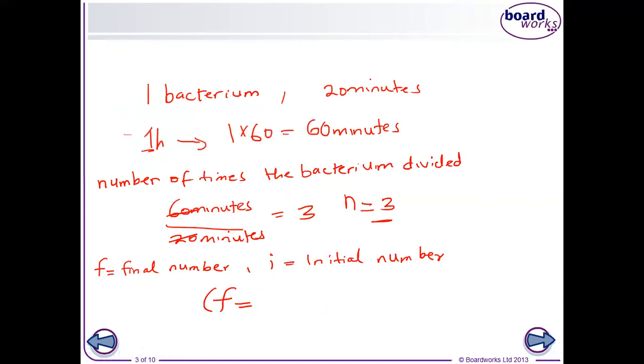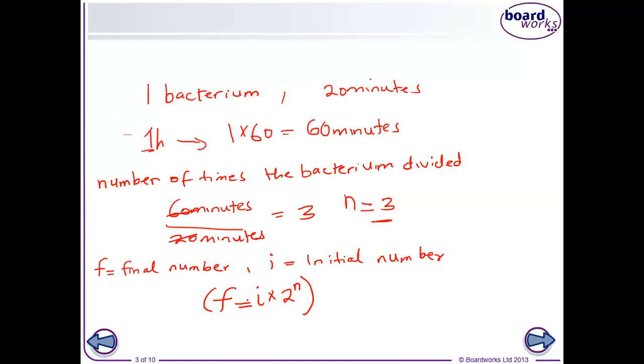F equals I times 2 raised to the power of n is correct. So this is the formula for calculating the final number of bacteria. So remember this equation, please, everybody. F equals I times 2 raised to the power of n.